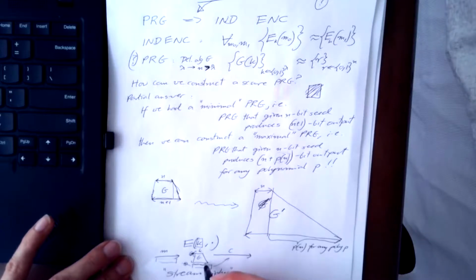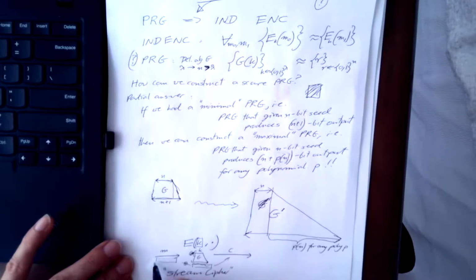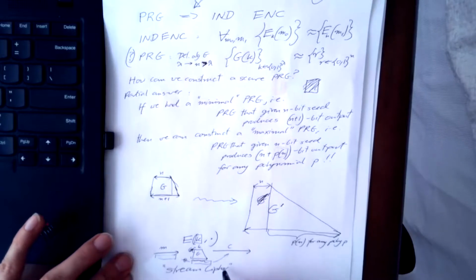If I don't know where this message ends, perhaps there is a further stream. I don't want to fix the ending. So if I expanded the bit stream or the key, and somebody tells me, please expand it even more, I can still do so.